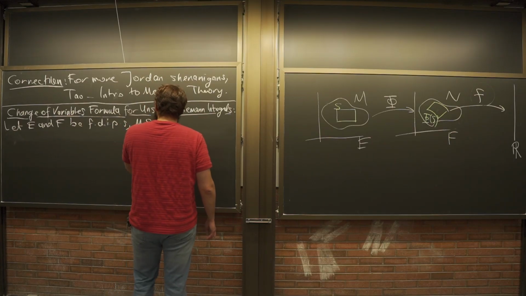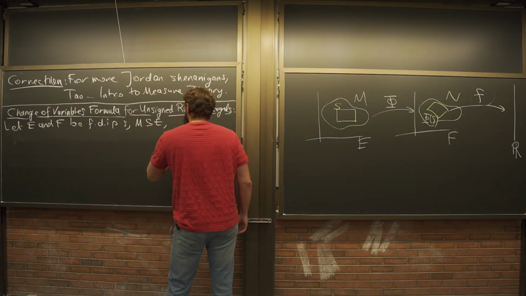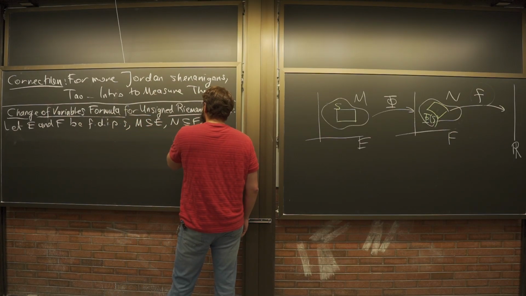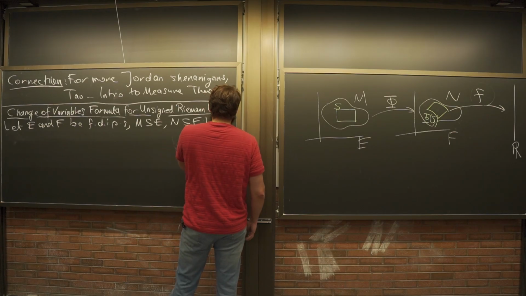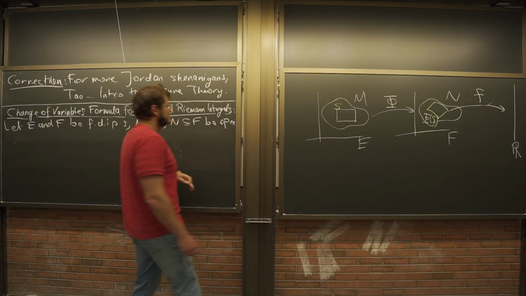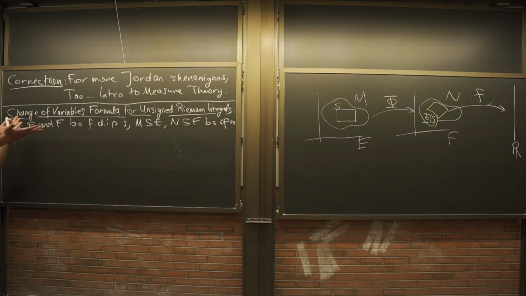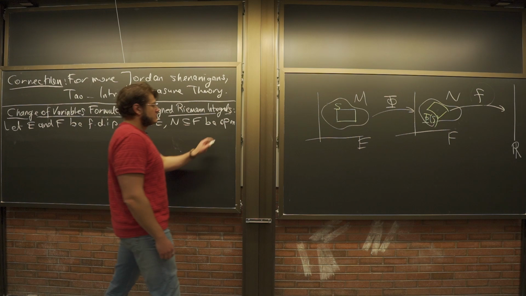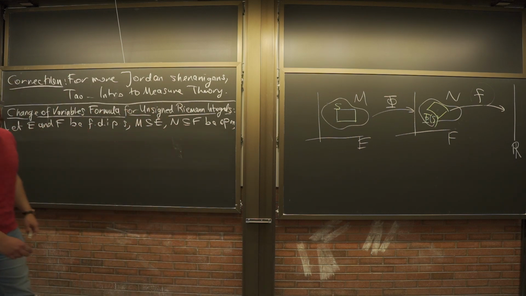Let M a subset in E, N a subset in F be open. OK. At this stage in this class, whenever you see something like this, you should immediately start thinking about, oh, now there's differential calculus involved, right? So let capital Phi be a C1 diffeomorphism from M to N.